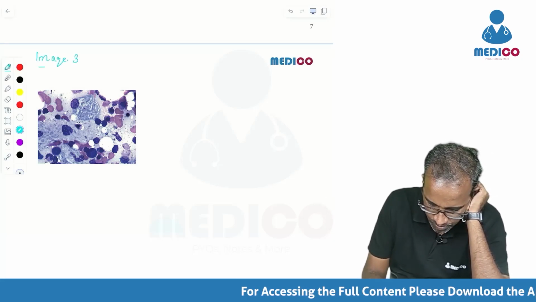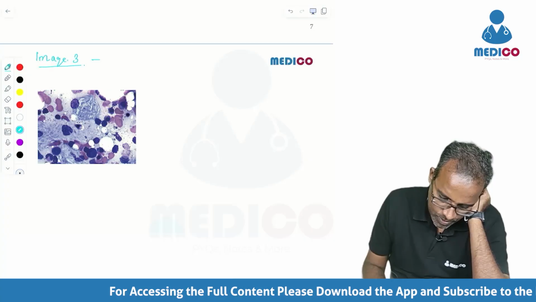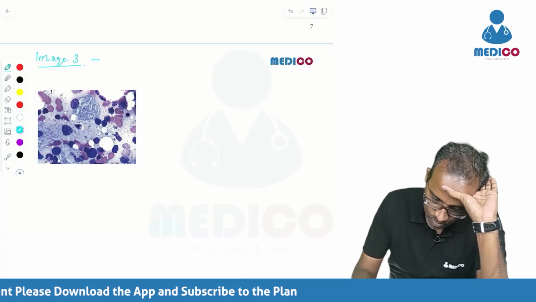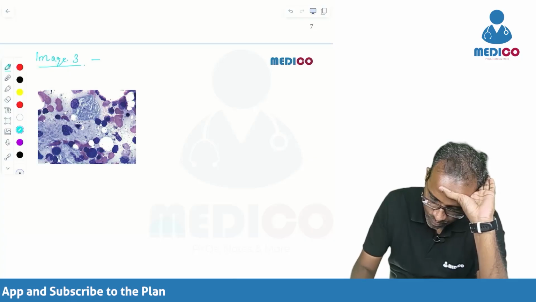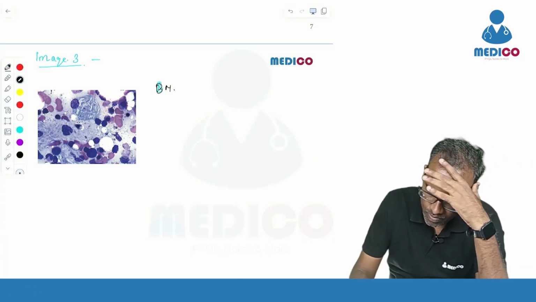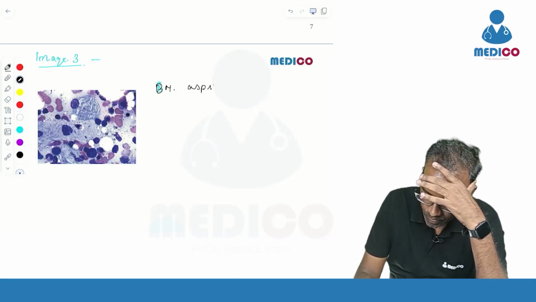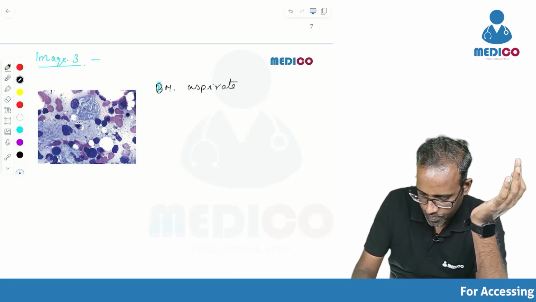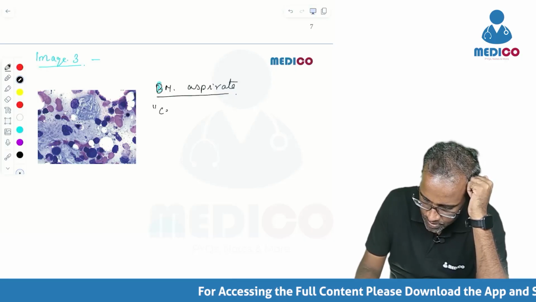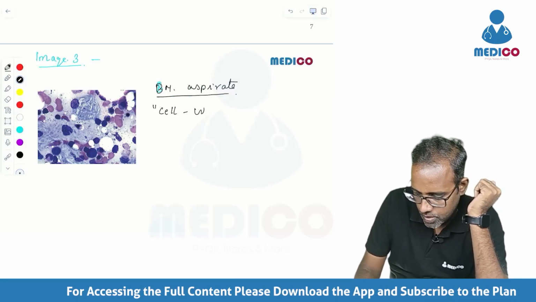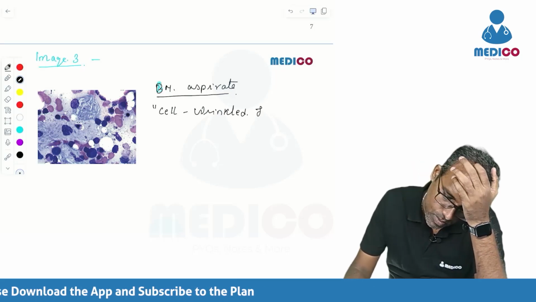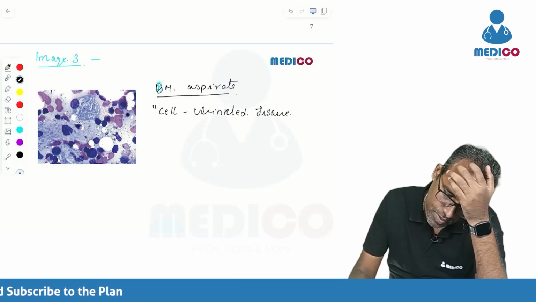Image number 3. This is actually a bone marrow aspirate showing the characteristic cell with a wrinkled tissue paper appearance.